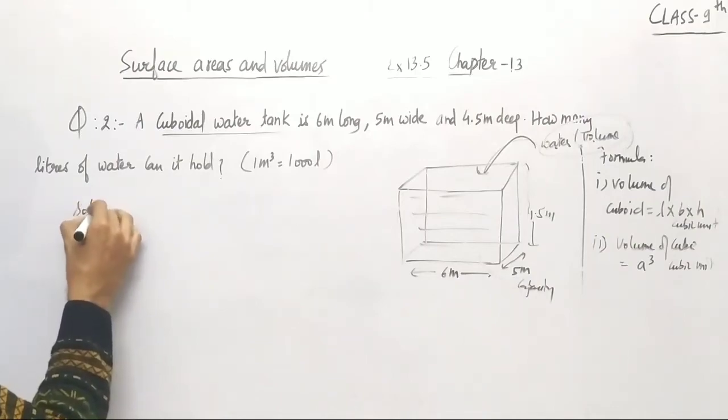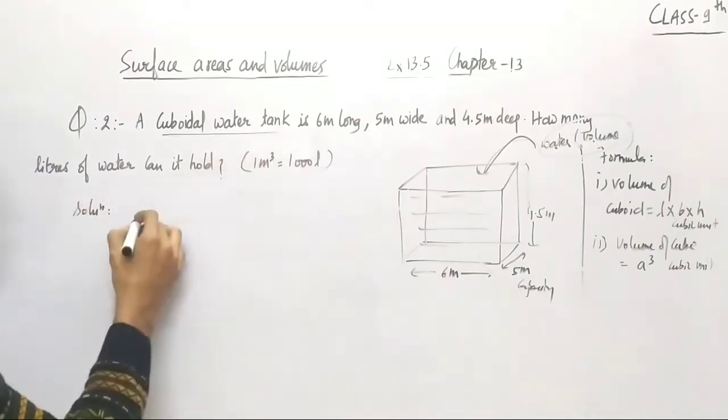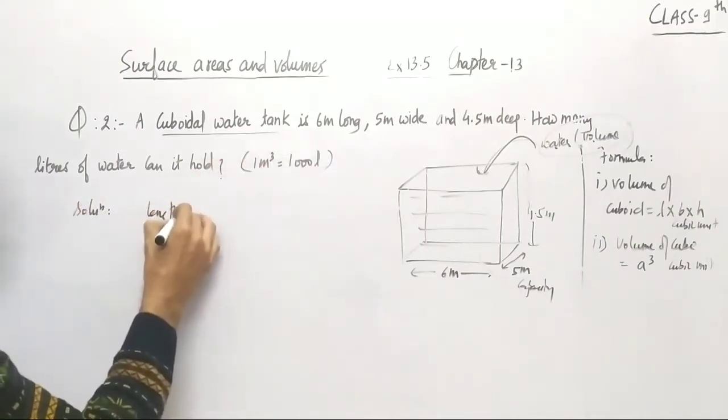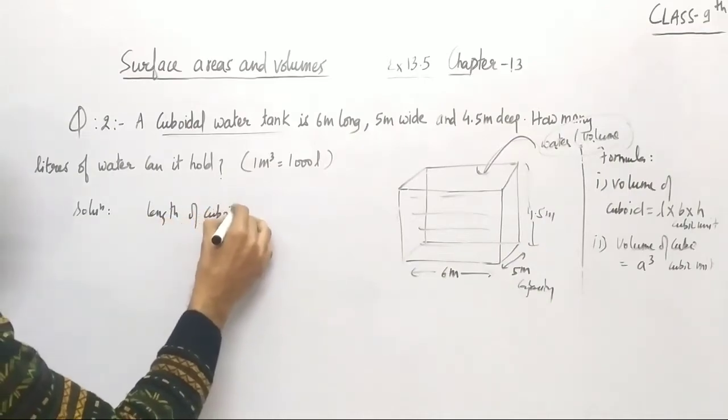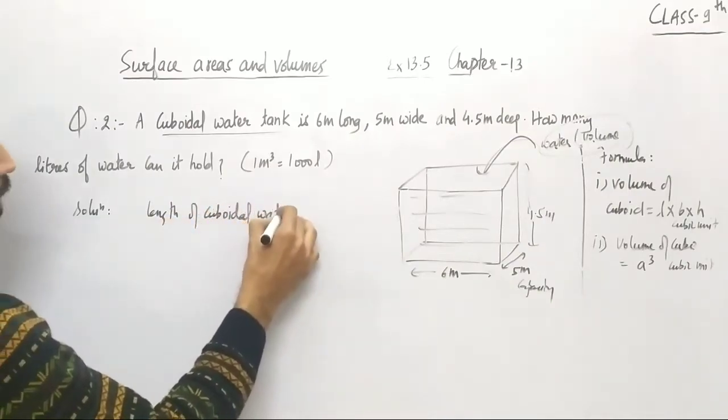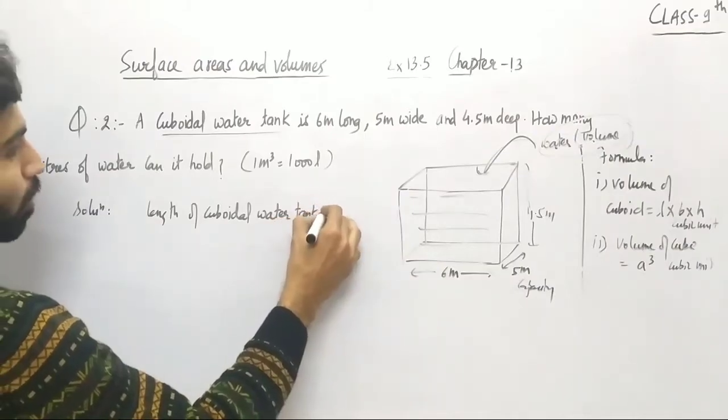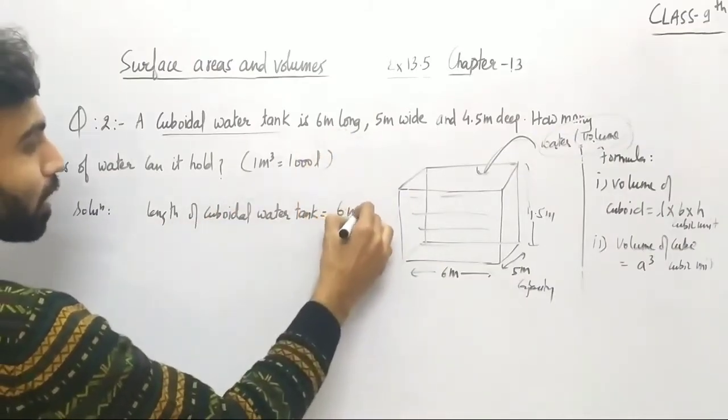सो यहाँ पे सबसे पहले सॉल्यूशन के अंदर मैं गिवन क्या है मुझे, the length of cuboidal water tank, right? So हमारे पास लेंथ कितनी गिवन है, that is 6 meters.